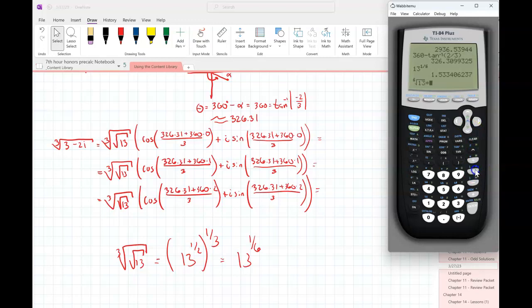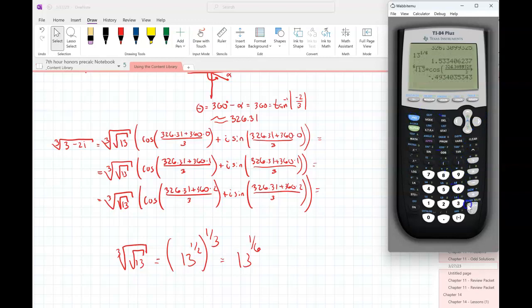Okay, so let's get some numbers out of this. So I'll do times cosine of, and here I'm going to use the fraction command so that I can just do this over and over again. I'll take my 326 number plus 360 times 0, and then divide by 3. Enter.